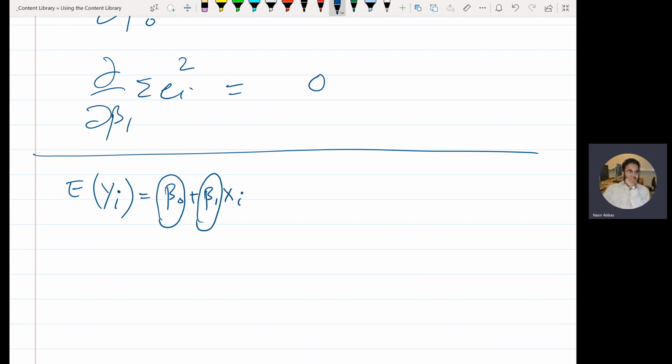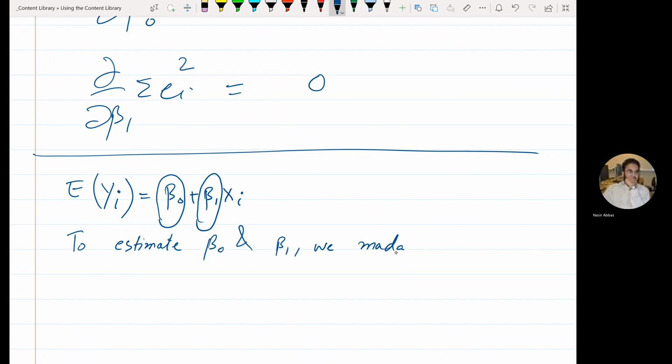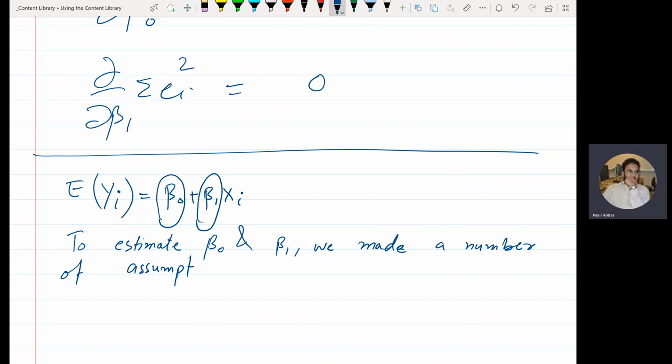To estimate these two quantities, number one, we make a number of assumptions. In Chapter 4, we'll talk about these assumptions, whether they are true or not true, and if not true, what to do. Chapter 4 is completely about the assumptions.